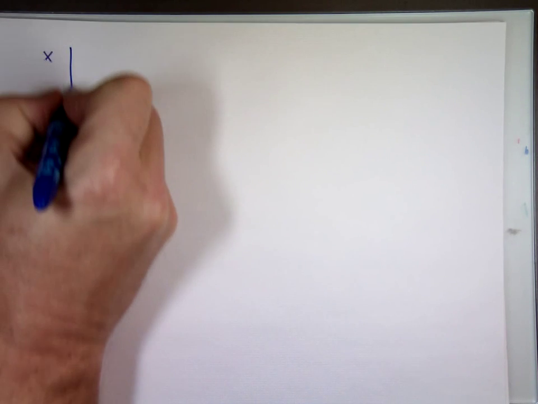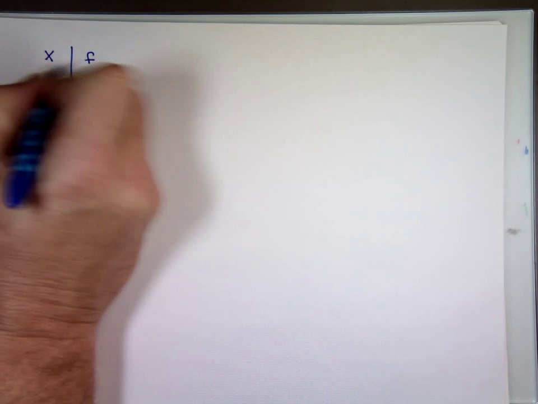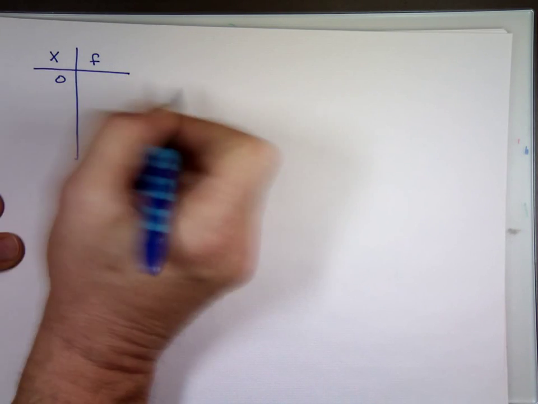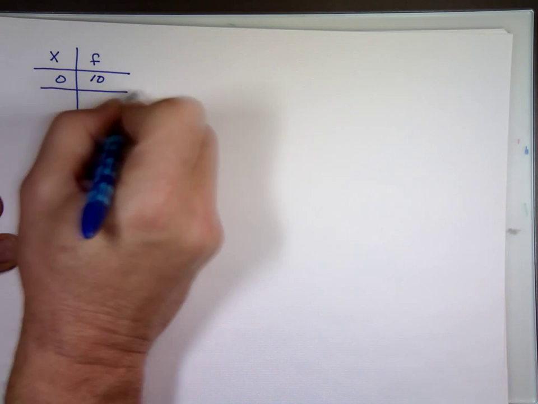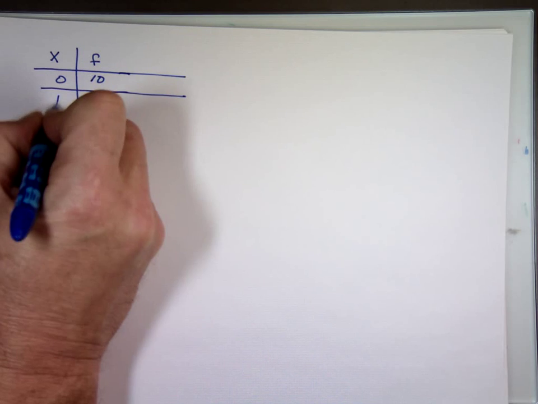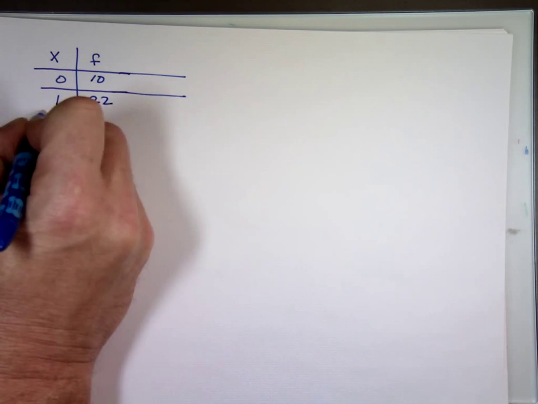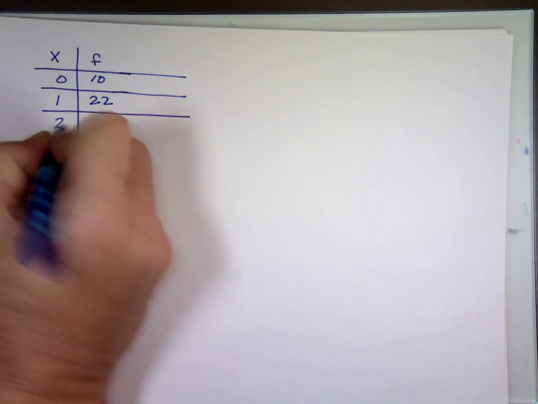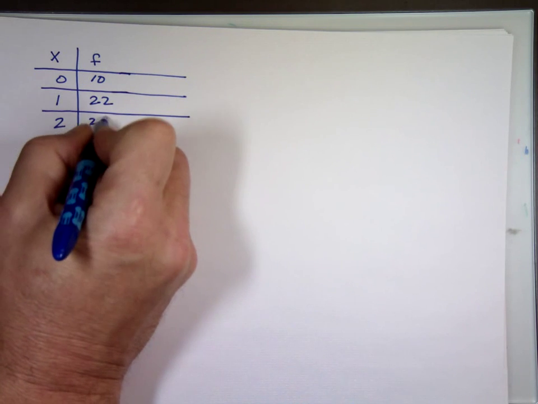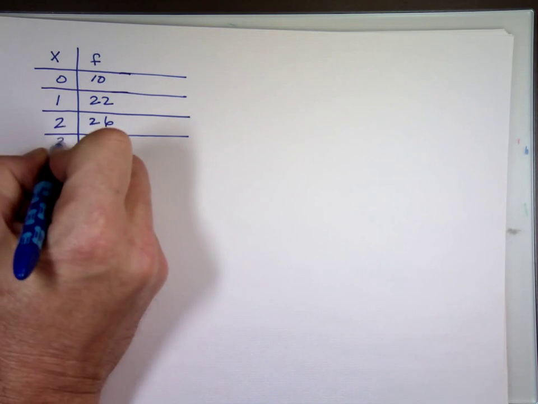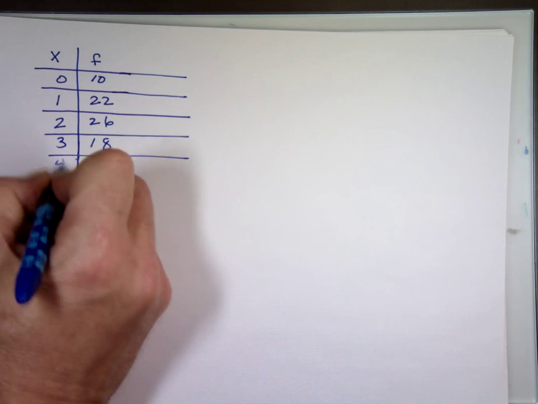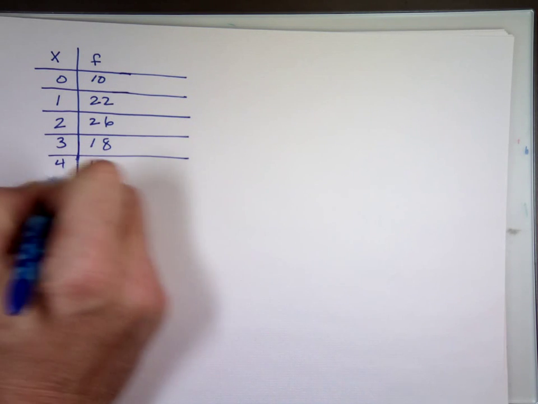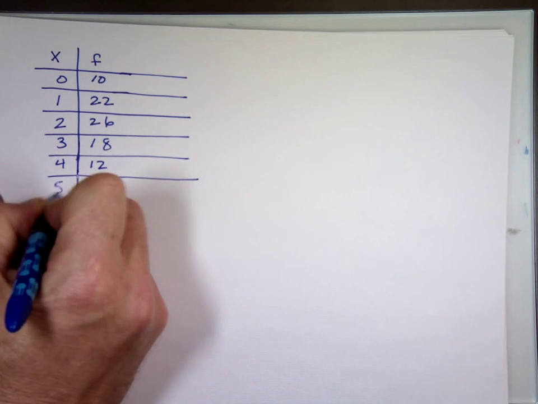X is the number of siblings, and this is the frequency. 0 siblings, we have 10 people that have no siblings. 1 sibling, 22 people. 2 siblings, 26 people. 3 siblings, we got 18 people. 4 siblings, we got 12.